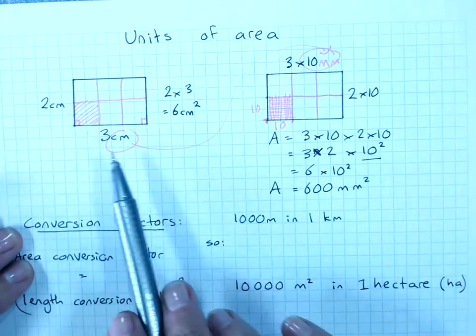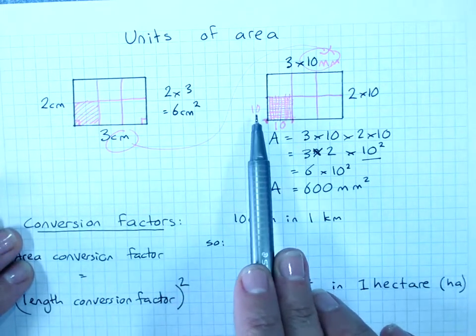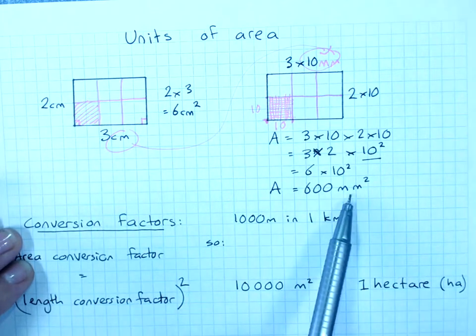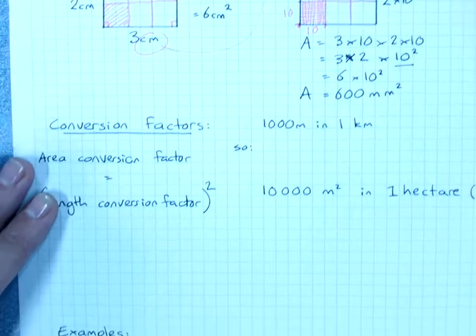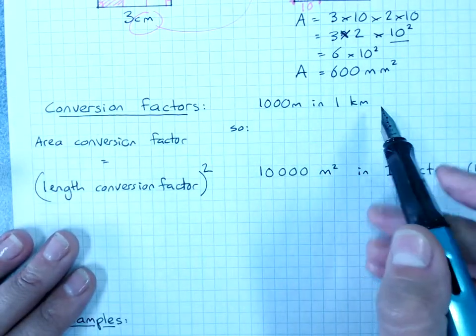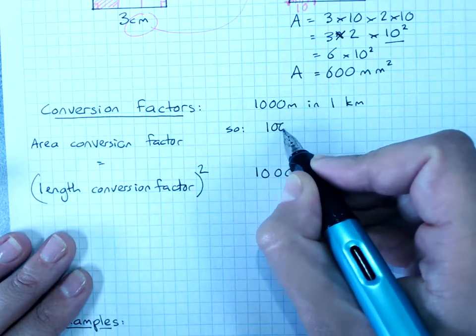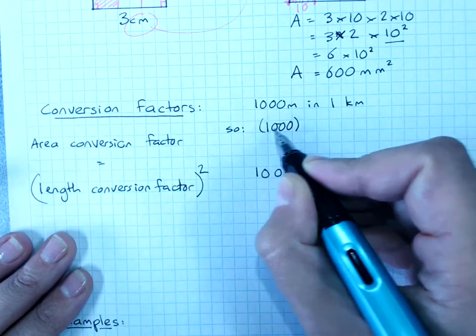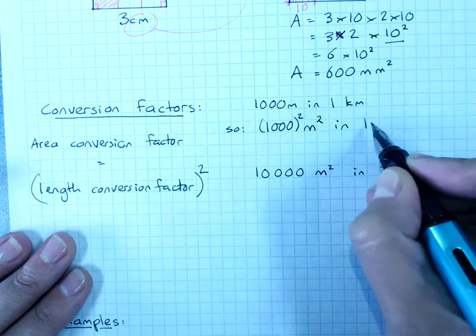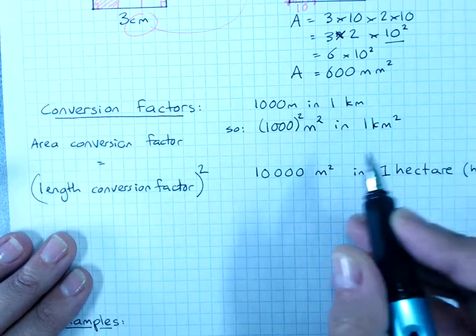So the length conversion between centimeters and millimeters is 10, but the area conversion from centimeters squared to millimeters squared is 10 squared. So if there's 1,000 meters in 1 kilometer, there's 1,000 squared meters squared in 1 kilometer squared.